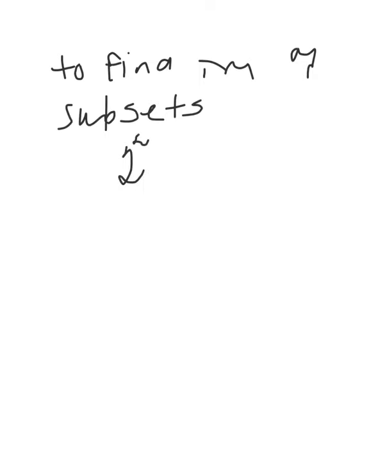Now, what does that mean? It means this, guys: when you're given a set, you can create a whole bunch of subsets from that given set. And keep in mind, the empty set is a subset of every single set too.